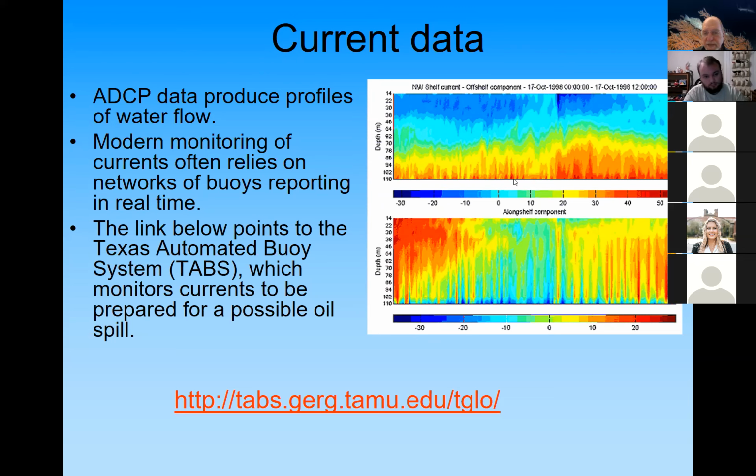Then this changes, it switches around so that there are different directions. By combining the along shelf component and the cross shelf component, you would get net vectors of current transport. But typically, when you see an ADCP profile, this is what you're looking at. Okay.